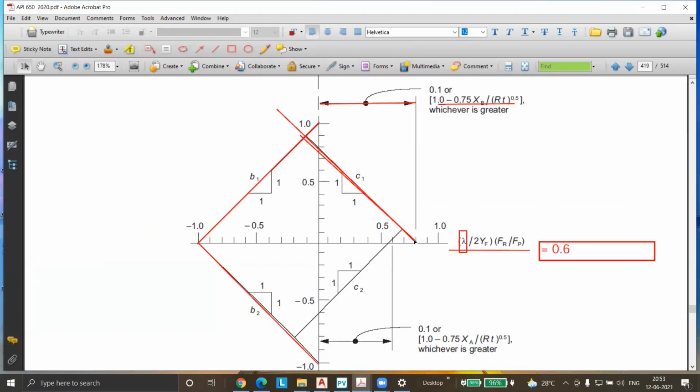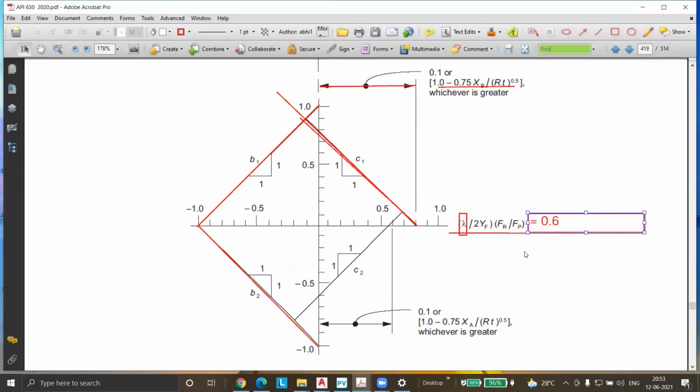That is the maximum value of lambda divided by 2, because this is the axis of that. It can vary from here to here, so that will give me the maximum value of this. If I equate this, now the equation is complete. I have all the values of the other factors. The only unknown is FR, so I can get that value. This will give me the axial force.